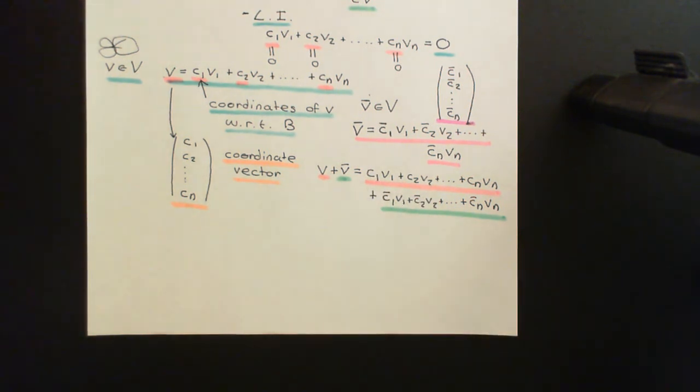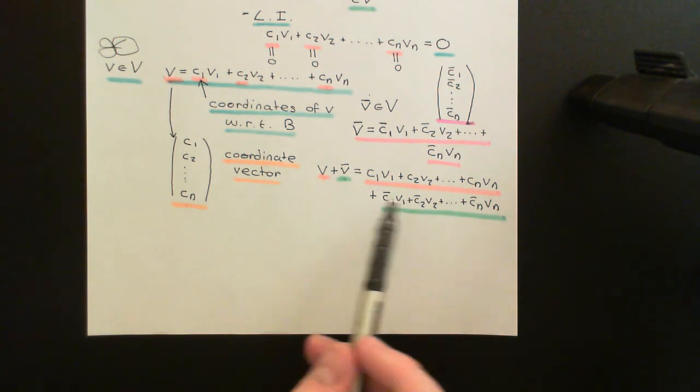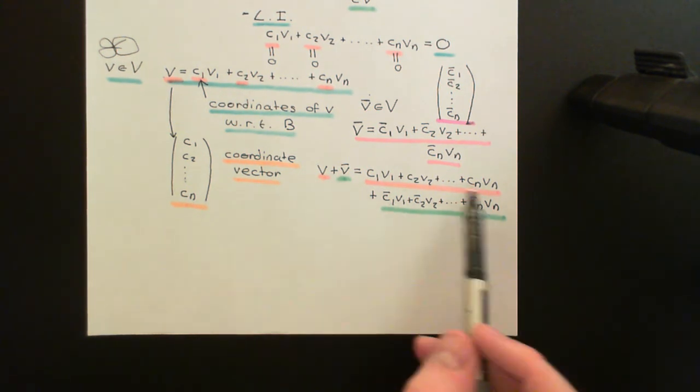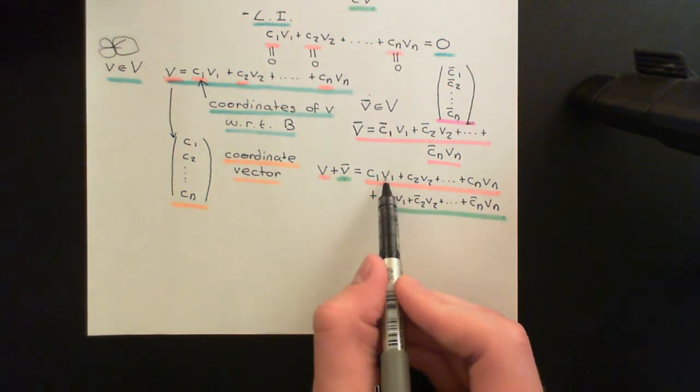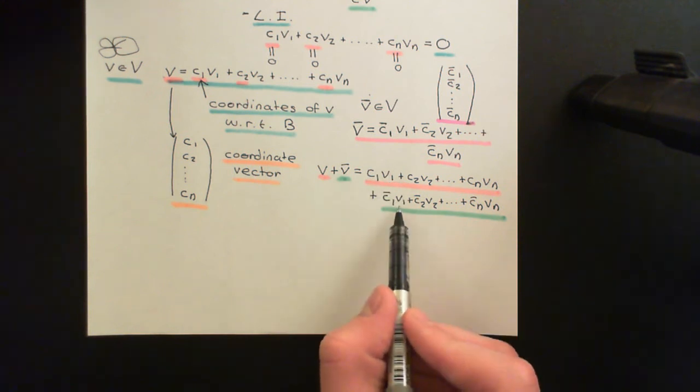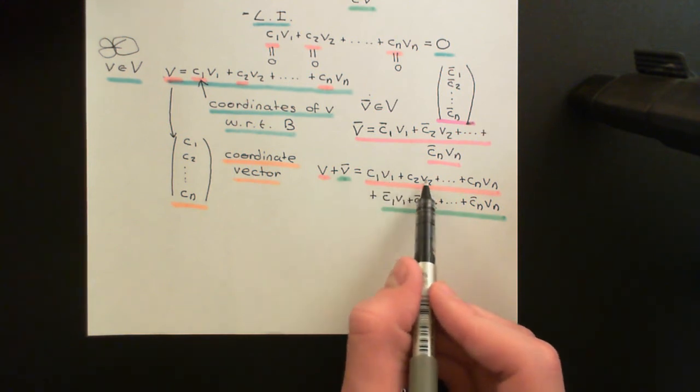So together, associativity and commutativity tell me that I really do not need to worry about what order things are being added together in. So I can move them around freely. What I'm going to do is get vectors involving scalar multiples of the same basis vector nearby one another.